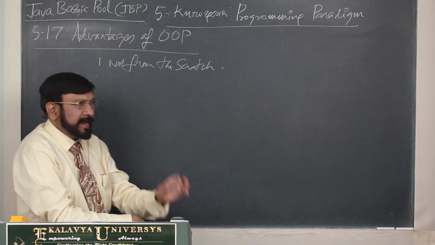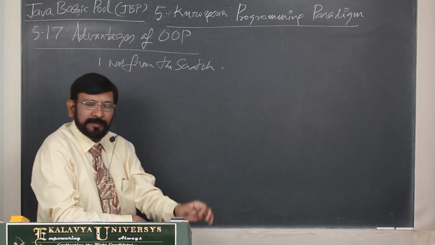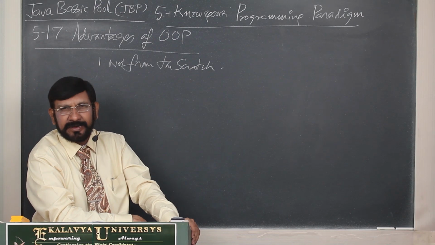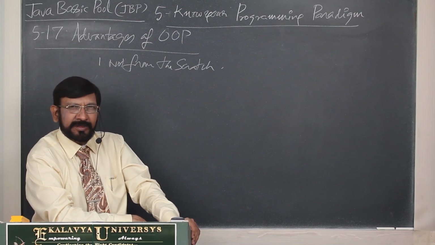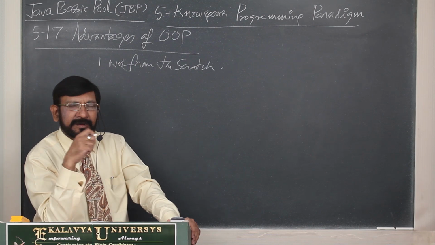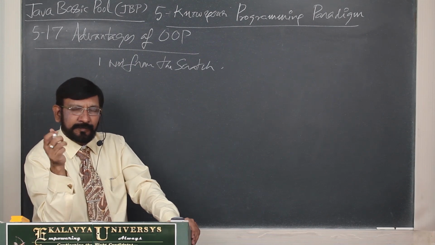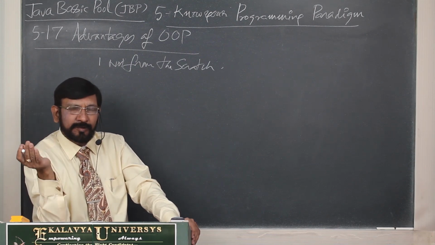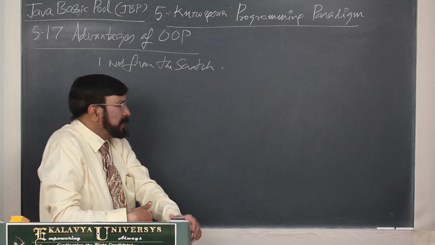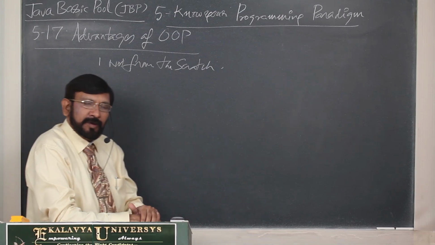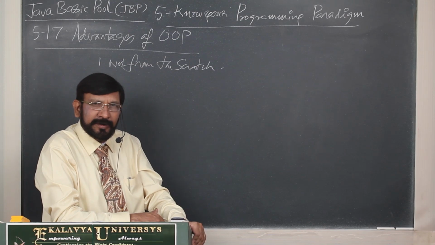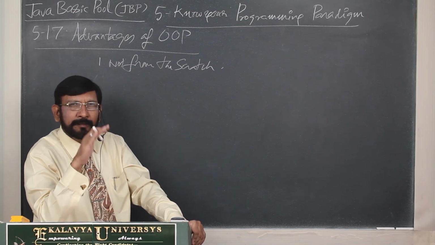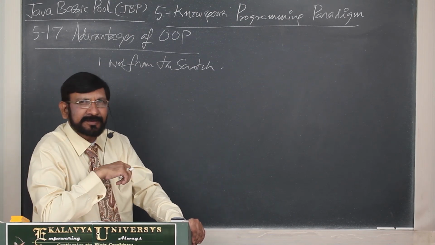That's why time consumption will be more if you develop anything from the scratch. But in object oriented systems, it is like assembling. So you develop from existing units. That's why you can save a lot of time. That's the first and foremost important reason. You need not develop many systems from the scratch.